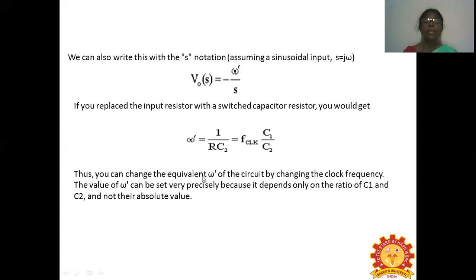So we can change the equivalent omega dash of the circuit by changing the clock frequency F clock. So the value of omega dash can be set very precisely because it depends only on the ratio of C1 and C2 and not their absolute values. Thank you.